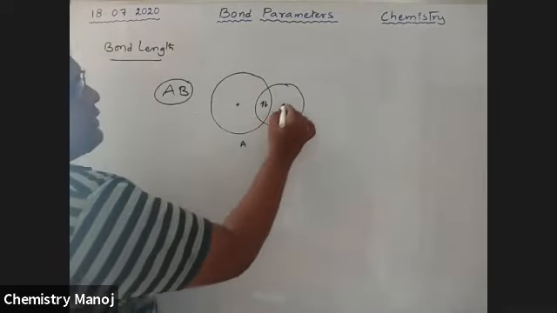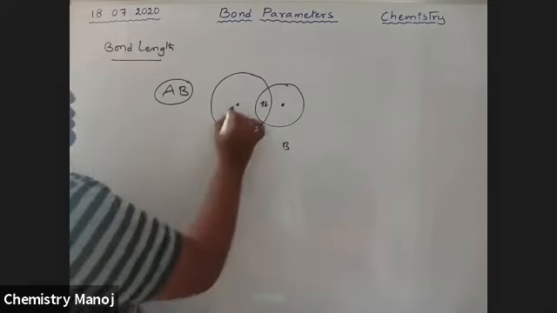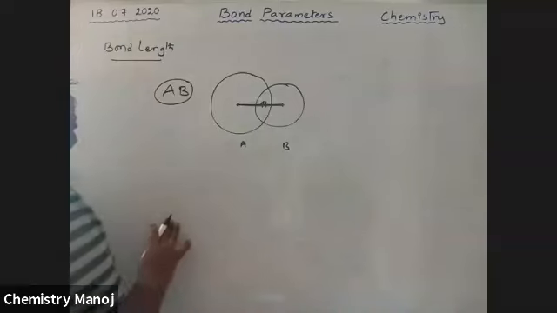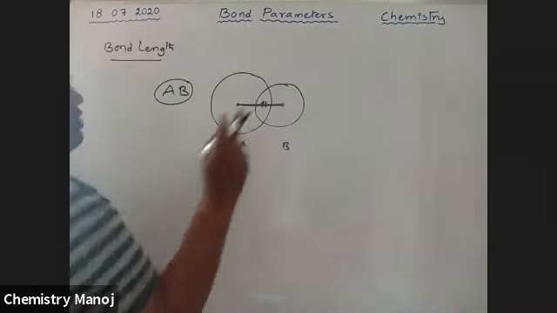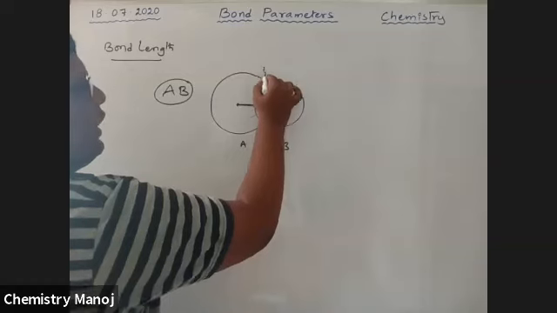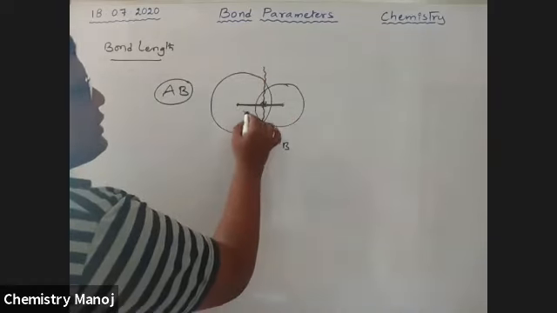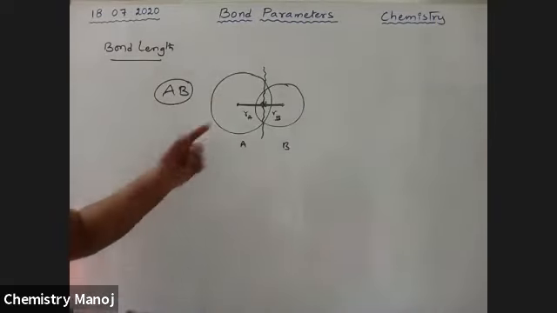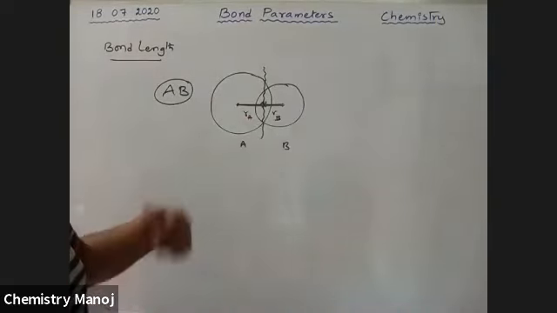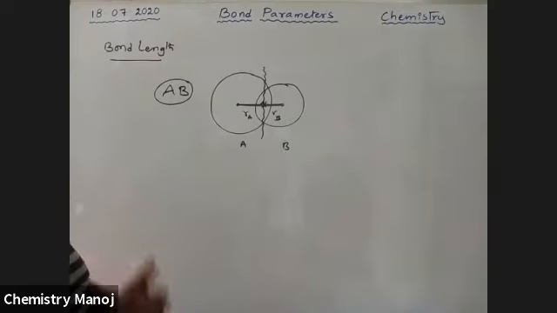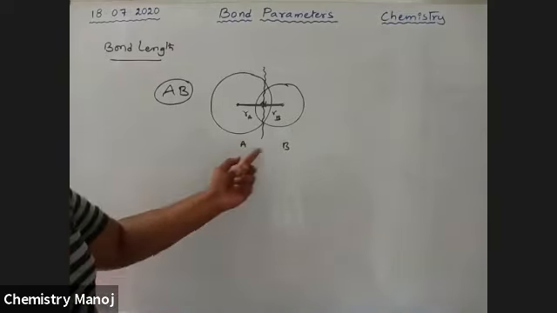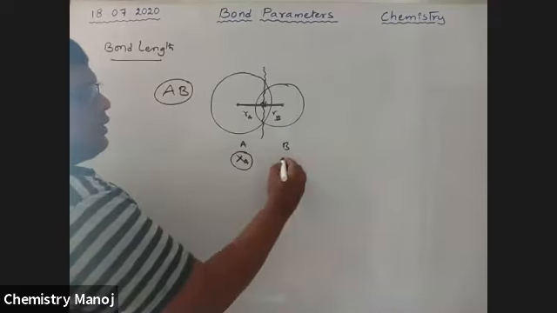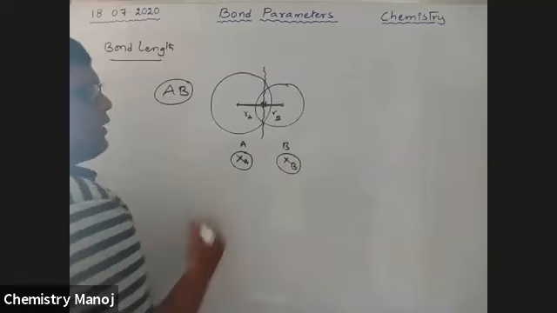It is the nucleus of A, it is the nucleus of B, and this is the internuclear distance, which we consider as the bond distance. But this value is not given to you, so we have half of the distance. It is the radius of A, the radius of B. By using these two radii, we can calculate the diameter. Here A and B are there, so the electronegativity of A is taken as XA and the electronegativity of B is taken as XB.